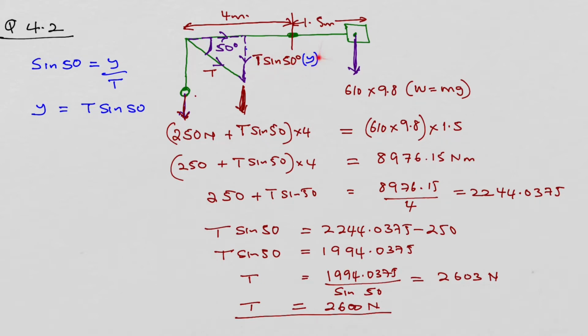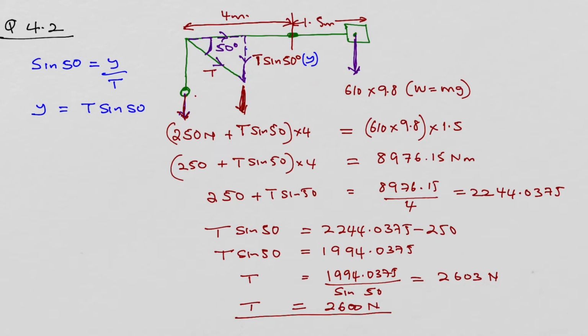That length is y, in the same direction as the vertical downward force. So the total vertical downward force here is 250 newtons plus T sine 50, times that distance if you take moments about that point. That is what we call anticlockwise moment, and this will be clockwise moment.